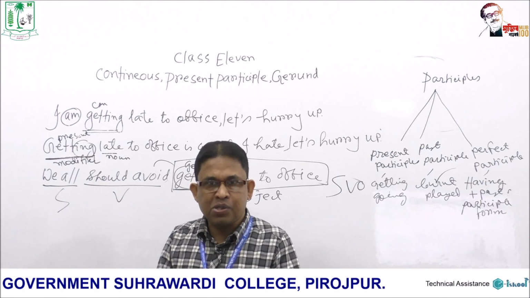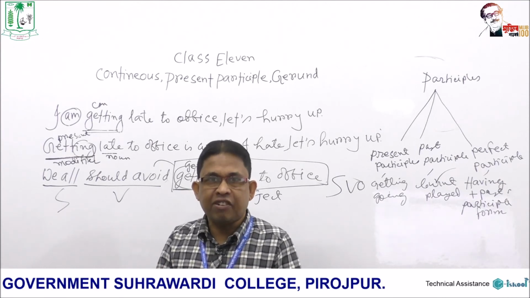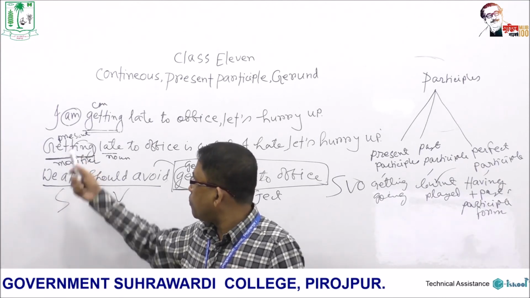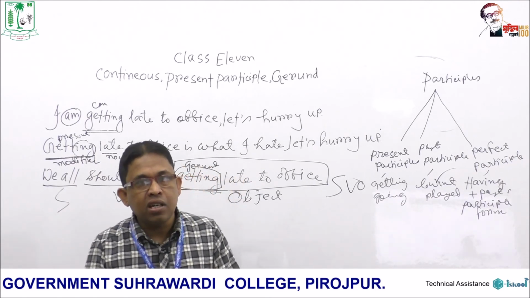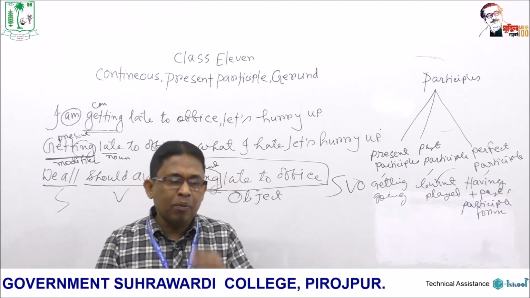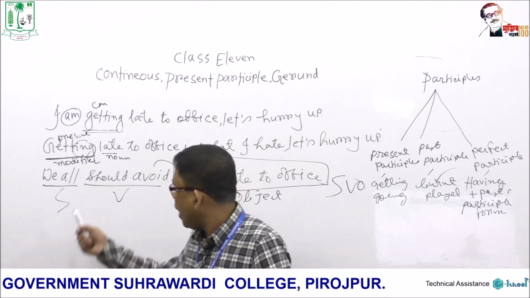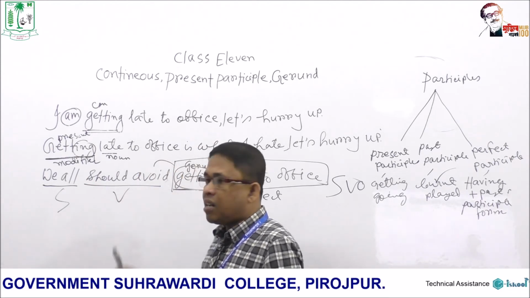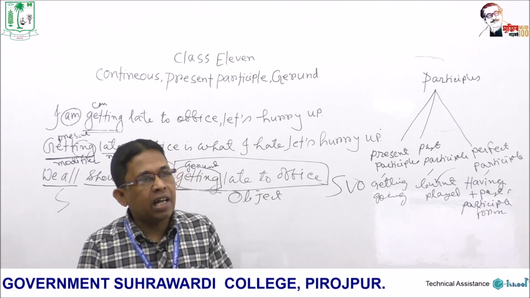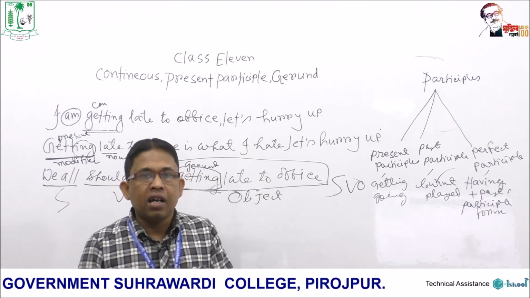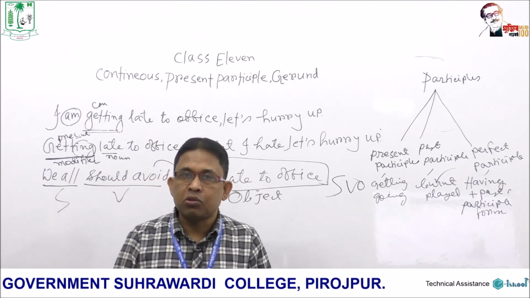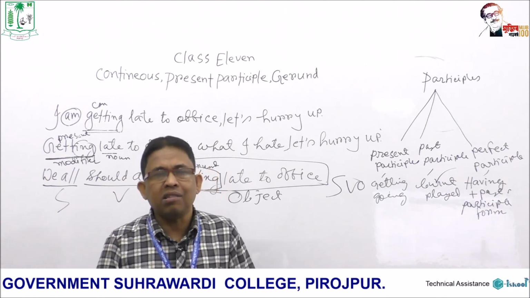As you get confused, that is why I am trying to clarify. The present participle also takes ing, but is not governed by any auxiliary like the continuous, and it functions as an adjective, whereas the gerund also takes an ing form, but it acts like a noun. These are the differences and the similarities.